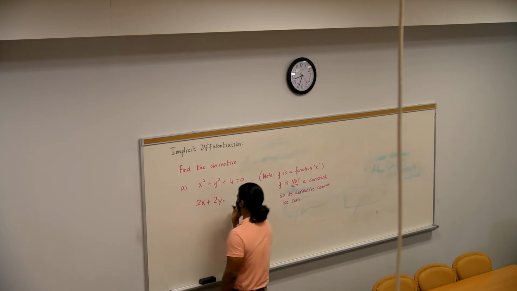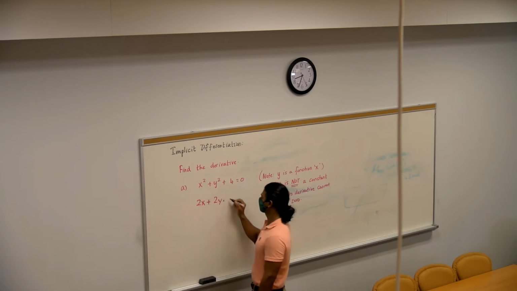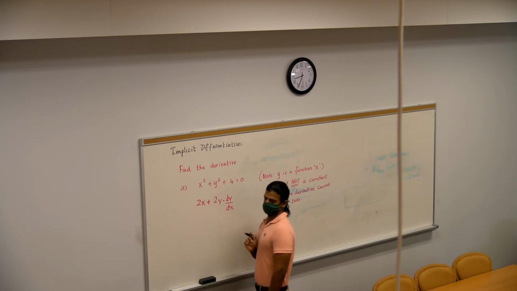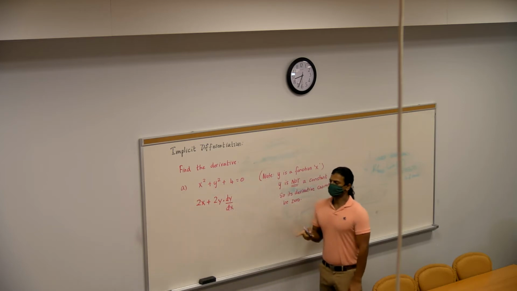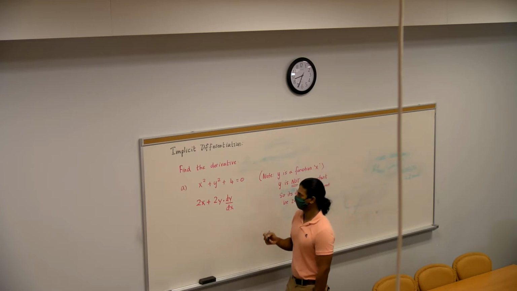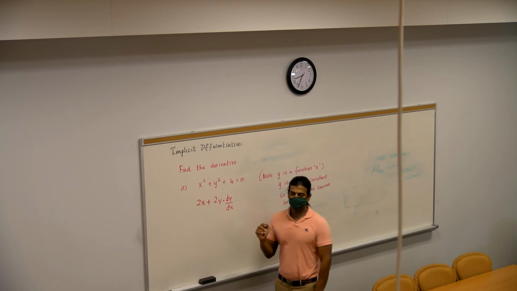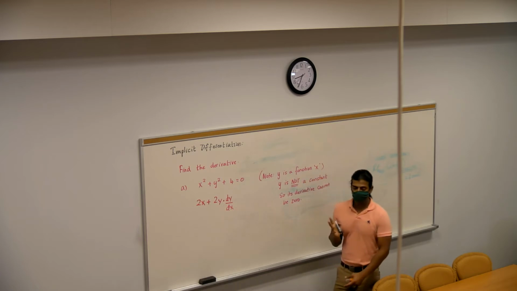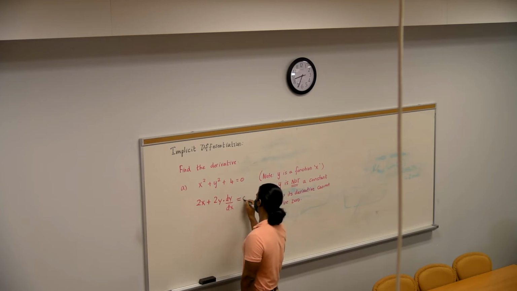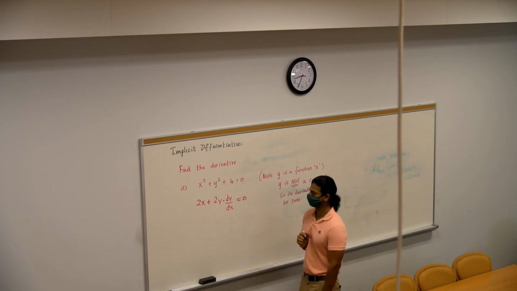But we have to multiply it by dy over dx. The reason being y depends on x and it is not a constant. The derivative of the constant 4 is just 0. So we will end up having 0 on the other side.